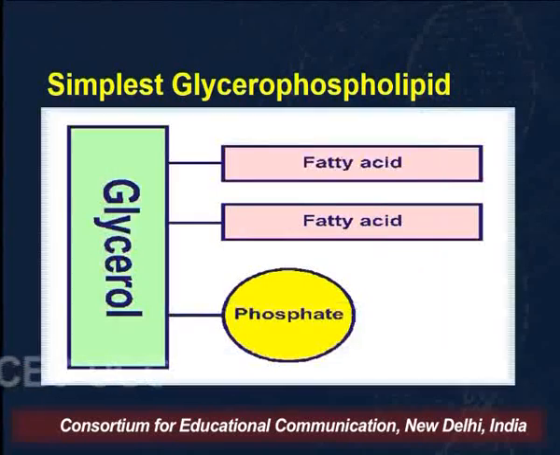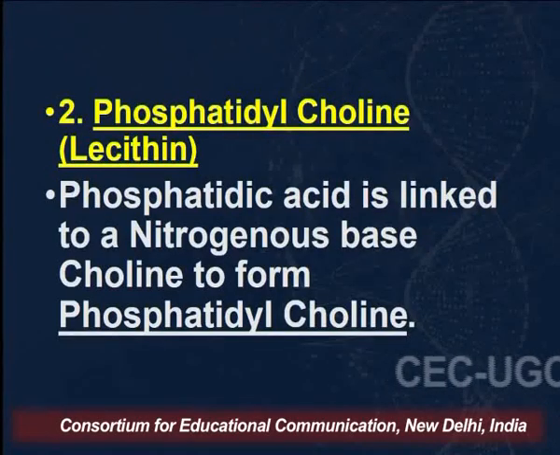As you can see on your screens, the schematic diagram for the simplest glycerophospholipid shows glycerol linked to 2 fatty acids through 2 ester bonds, and then to a phosphate group through a phosphoester bond. This structure is that of phosphatidic acid.